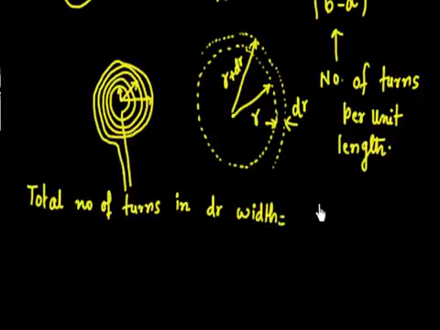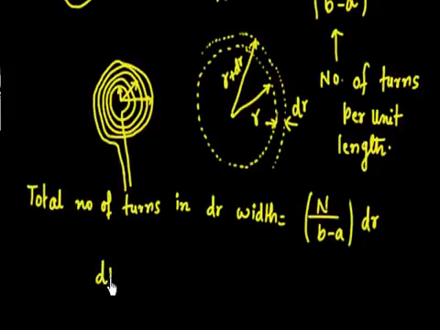This is nothing but N by b minus a into dr, because N by b minus a is the number of turns per unit length. Now I can assume all these turns are kept at a radius of r, because this dr is very small. Due to all these turns, the magnetic field at the center can be simply given as mu naught I by 2r.